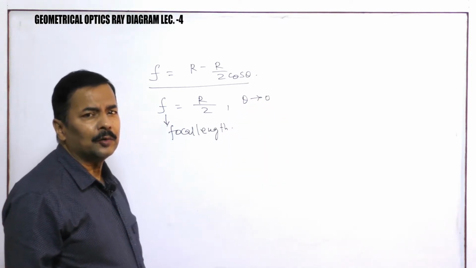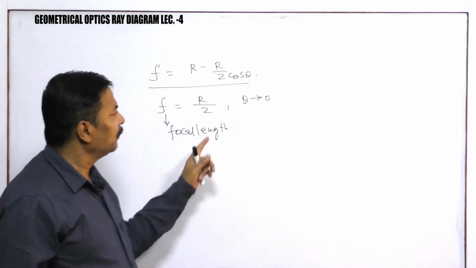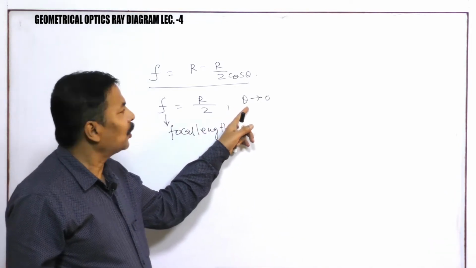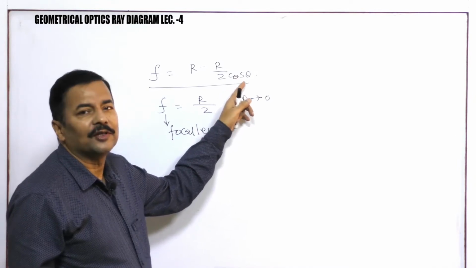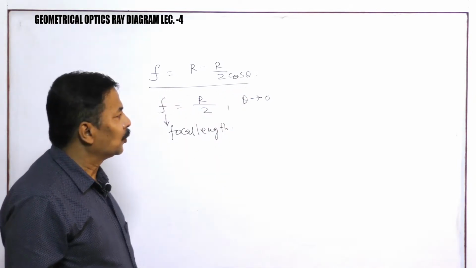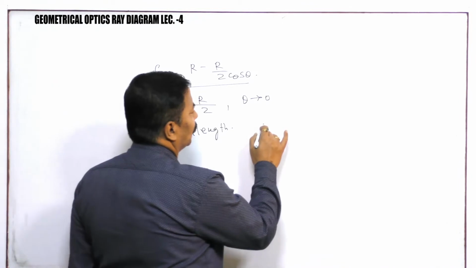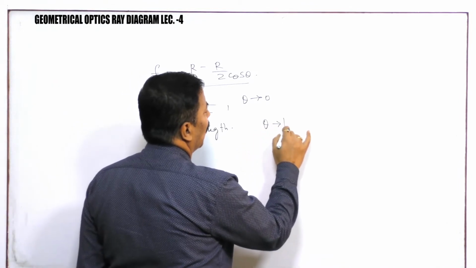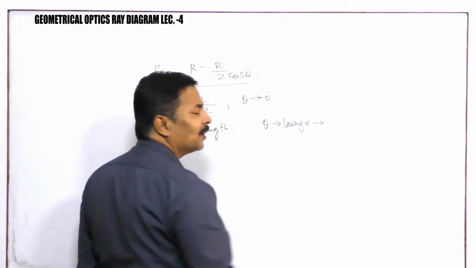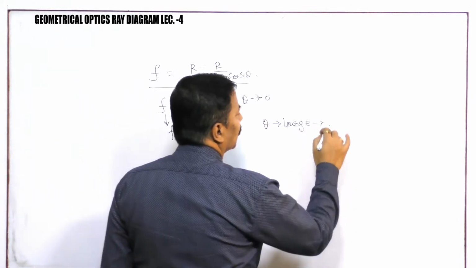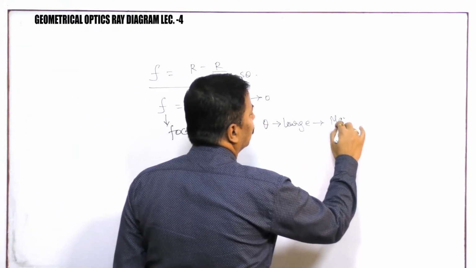So there are two types of rays. For one, theta is not nearly 0, and for the other ray, theta is nearly 0. If theta has a large value, then such rays are called marginal rays.